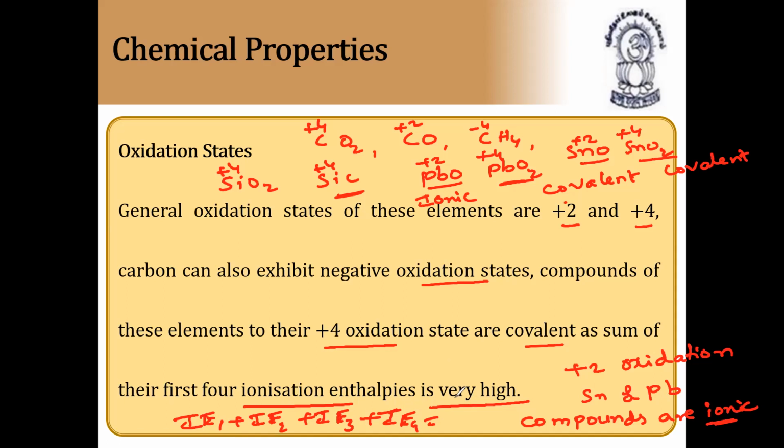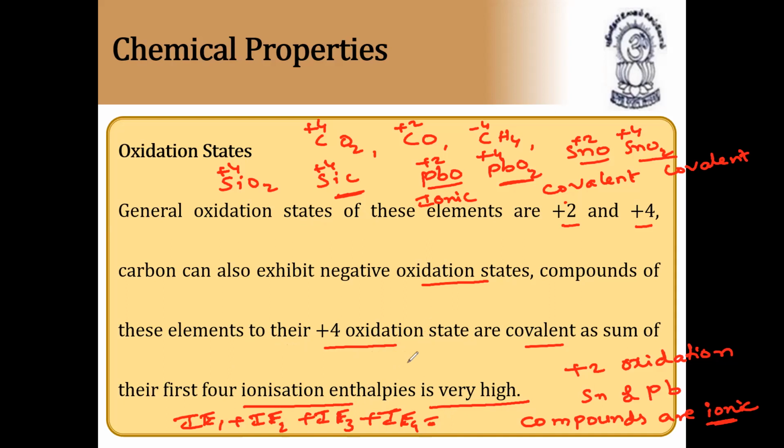So C4+ ion does not exist for these reasons, whereas the carbon +4 state exists actually. Compounds of these elements in their +4 oxidation state are covalent as their first four ionization enthalpies are very high. That's why these compounds are covalent. So please make a note of this.